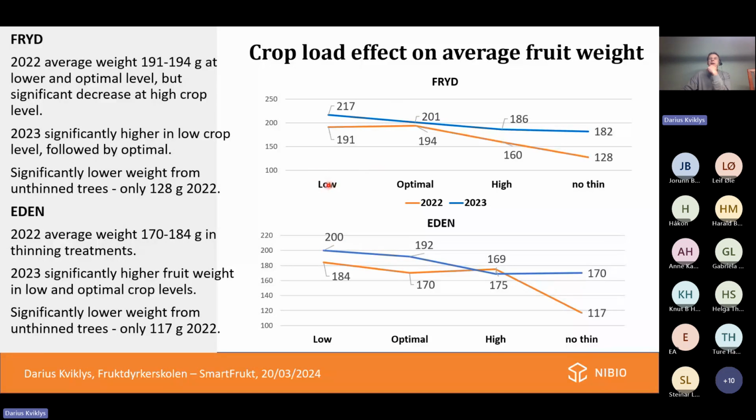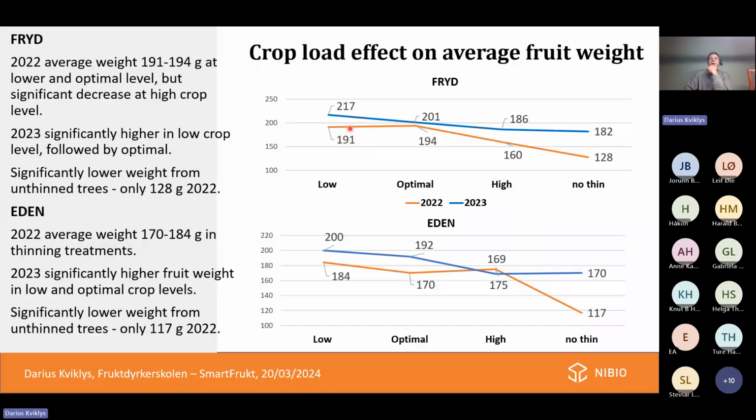We have 3 different crop load levels. We call them low, optimal, and high, and we do not thin in year 22, or we thin to 1 fruit per flower cluster in year 23.